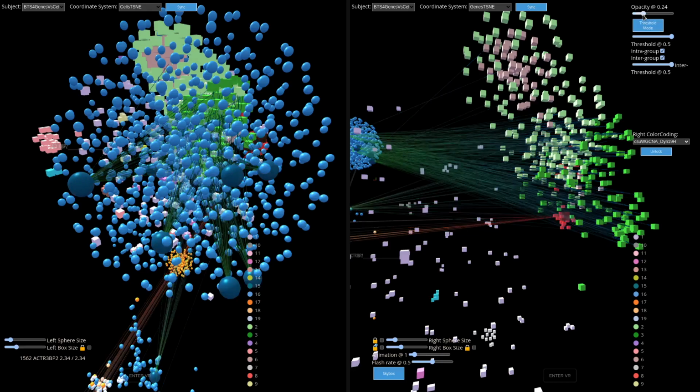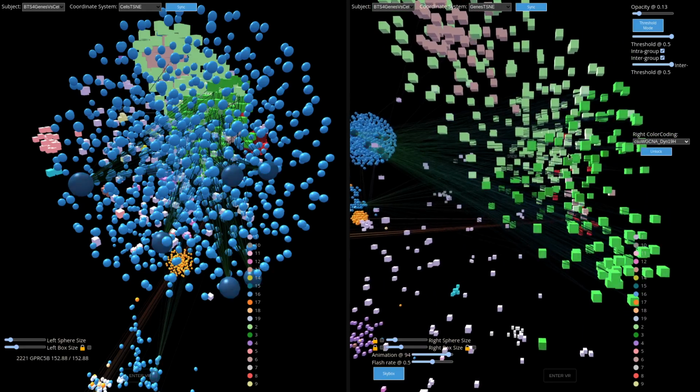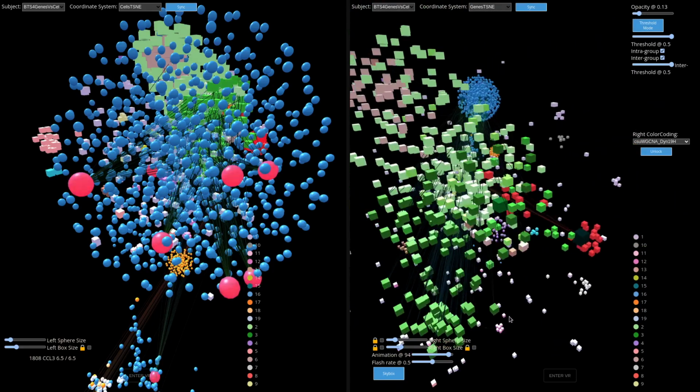And turn down the opacity and crank up the animation so you can see which ones they are pretty easily. Looks like it's this kind of greenish module has the most connections.